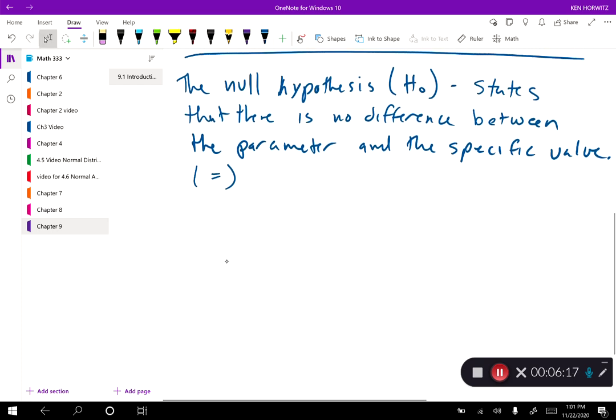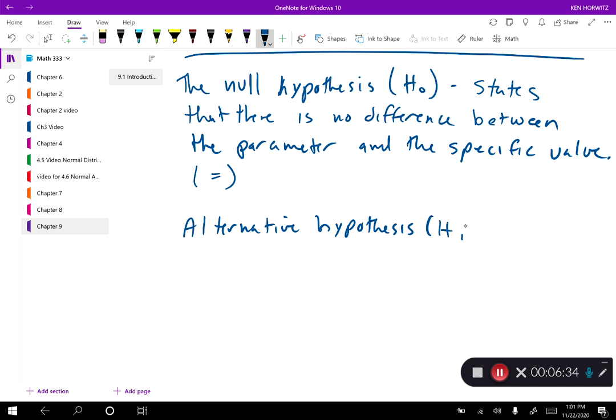The second hypothesis we're going to have is called the alternative hypothesis, which is denoted as H1. Some of the newer books have HA. I like H0 and H1. So that's what we're going to use. And this states that there is a difference between the value and the parameter.